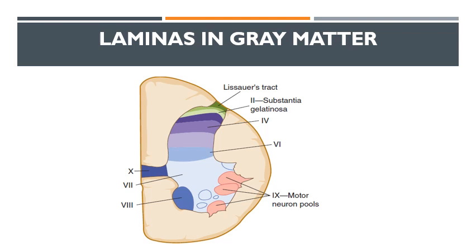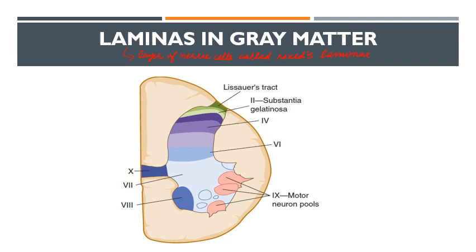The cross-section of gray matter of spinal cord shows a number of segments, and each segment is called lamina, and each lamina basically indicates a layer of nerve cells called Rexed's lamina, after the name of the scientist who discovered these laminas.